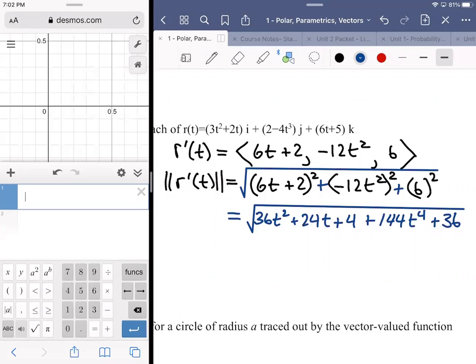All right, so we're just going to combine some terms. Looks like you got 144 t to the 4th. I'm going to have 36t squared. Looks like a 24t and a 40, all under a radical.